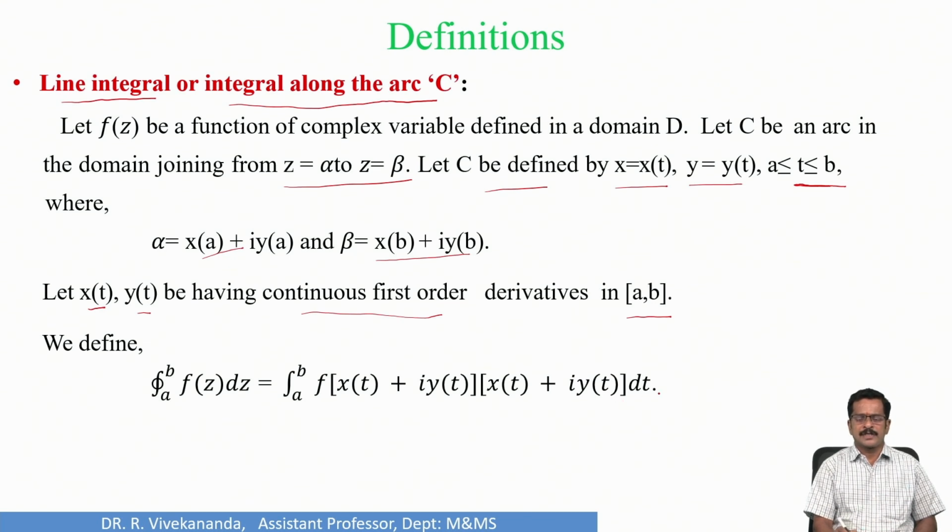So this is the actual definition of complex integration. This is f(z), and this is dz, which equals dx plus i dy.